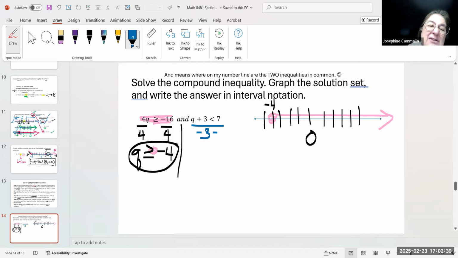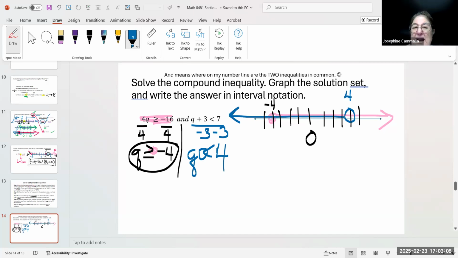Subtract 3 from both sides, and I get Q is less than 4. Okay, now this one gets an open circle at 4. But notice it is going to go this way.